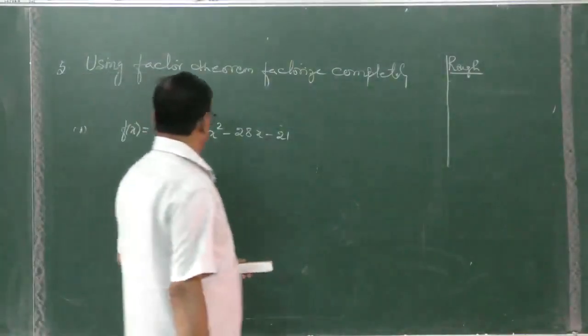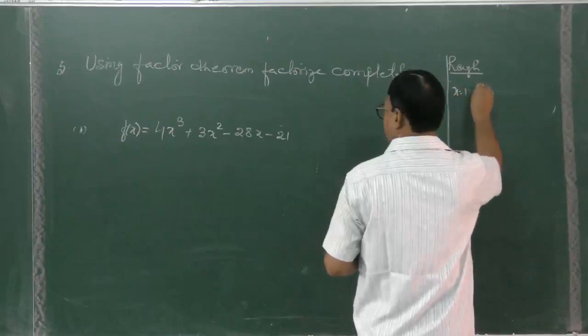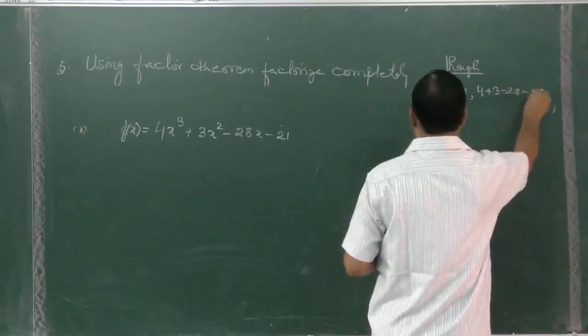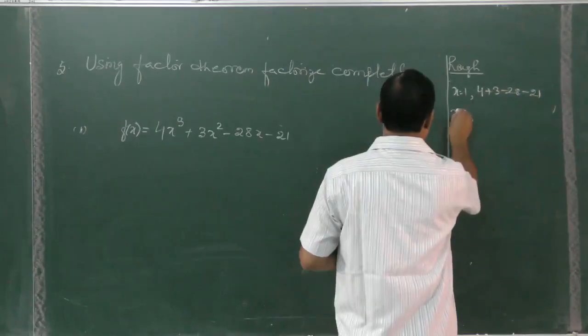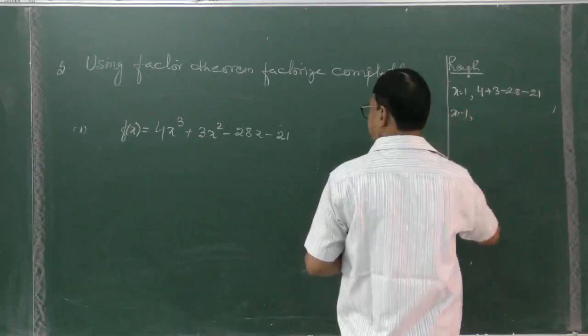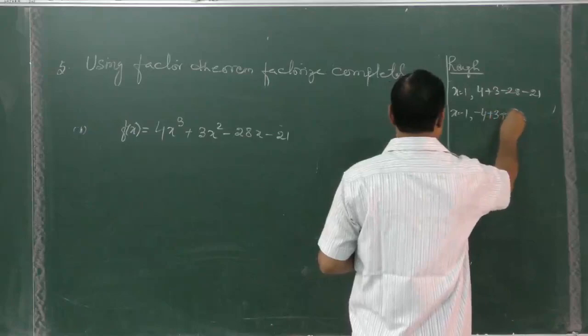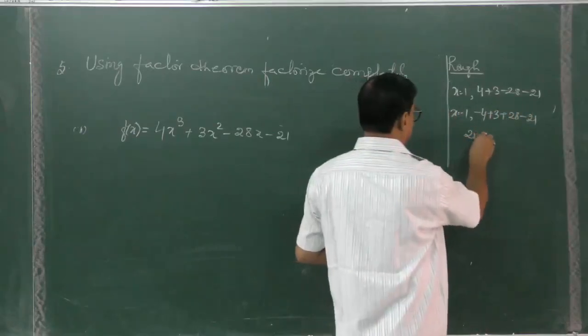So again we try with 1. So putting x equal to 1, this is 4 plus 3 minus 28 minus 21. Well, not 0. But if you put x equal to minus 1, this is minus 4 plus 3 plus 28 minus 21.